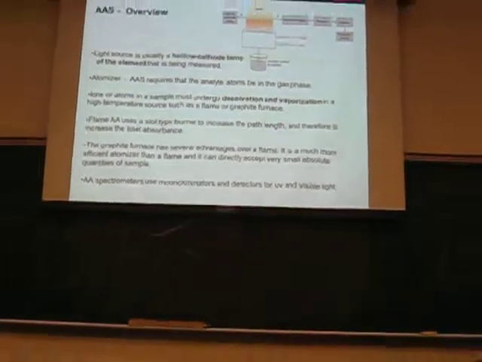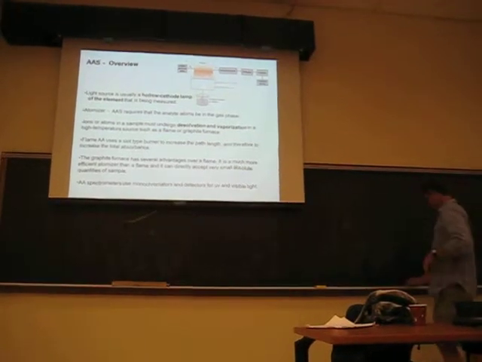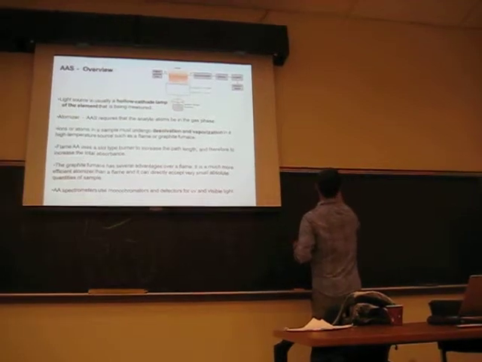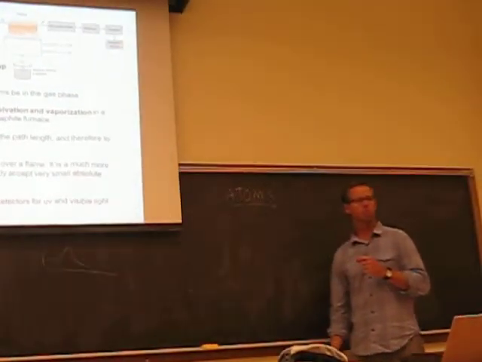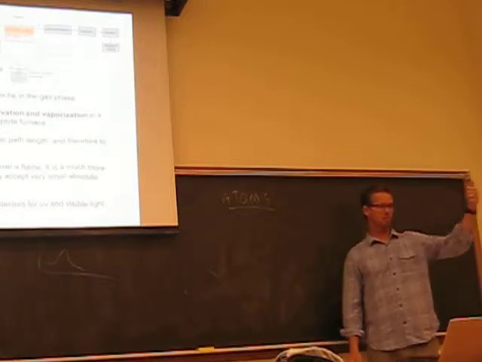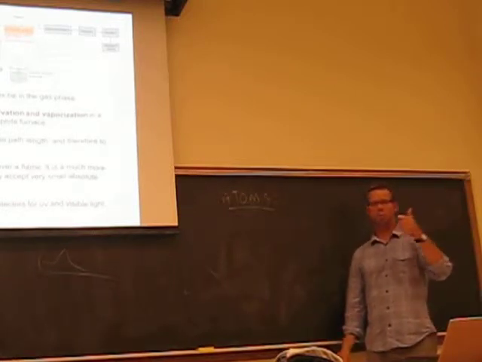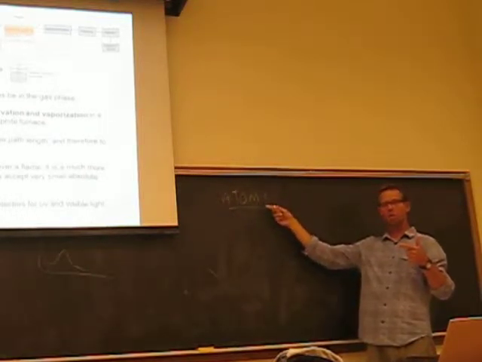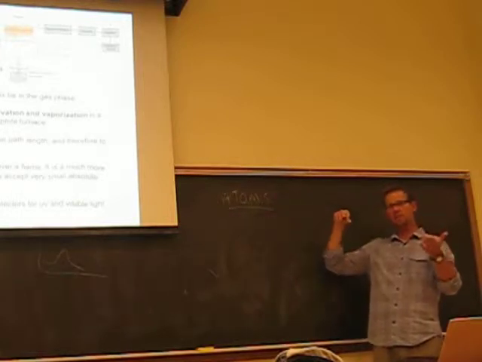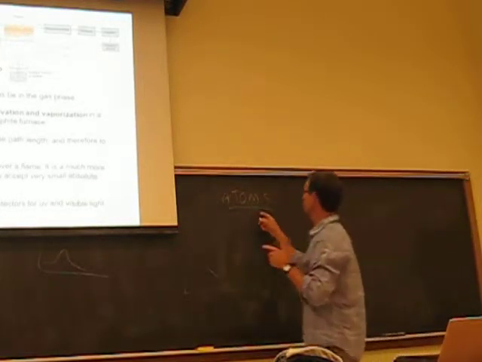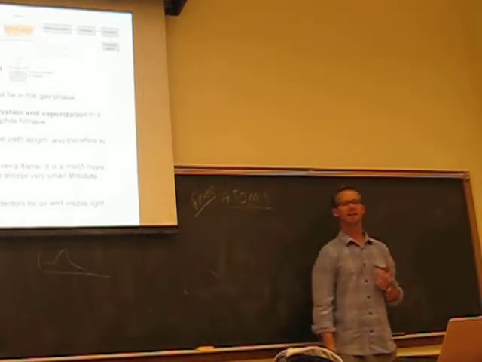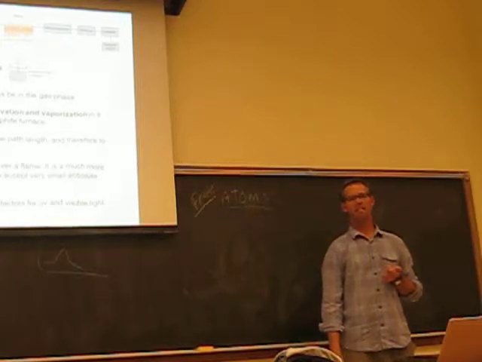With atomic absorption, or any atomic measurement method where we're measuring atoms, whether it be absorption of light passing through the sample, or emission due to photons generated from these atoms after they've been excited, or the mass of these atoms if they strike a detector in a mass spectrometer, in all cases, these atoms have to be free. What do I mean by that? Not a liquid? Even more than that, not interacting with other atoms.